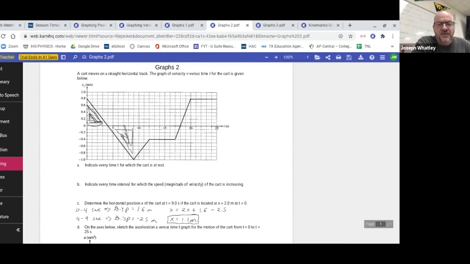After 9 seconds, we start approaching the horizontal axis again, so we're slowing down all the way up to 18 seconds. At 18 seconds, we're stopped. After 18 seconds, we keep speeding up all the way to 20 seconds, at which time we maintain our velocity. So in a velocity graph, if you're moving towards 0, you're slowing down; anytime you're moving away from it, positive or negative, you're speeding up.